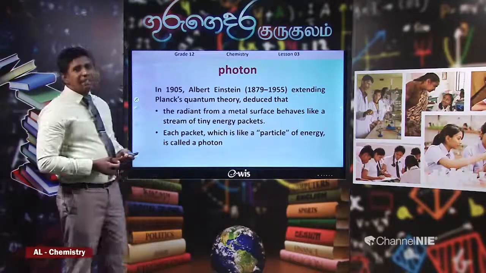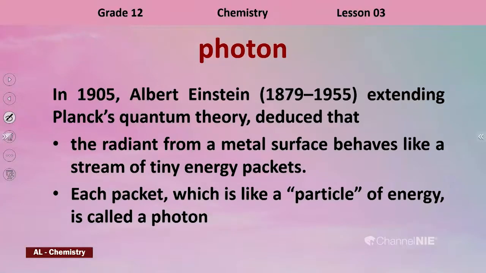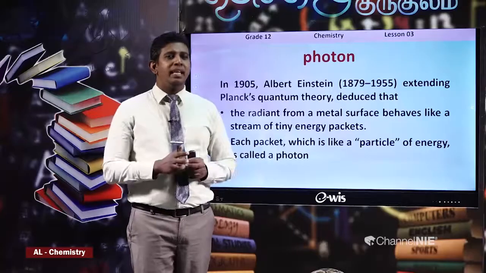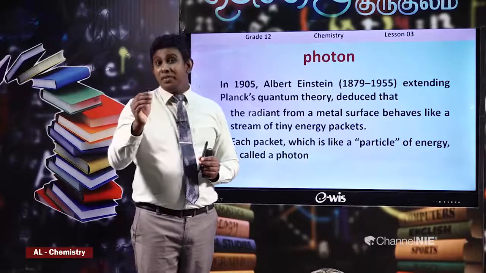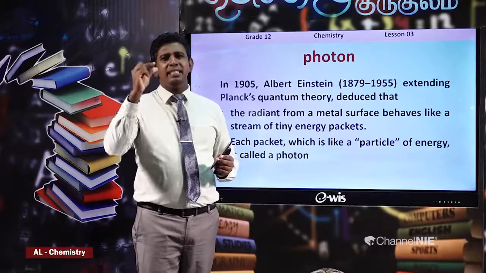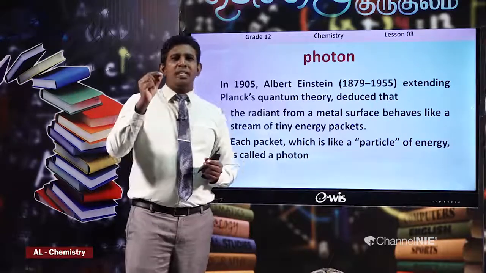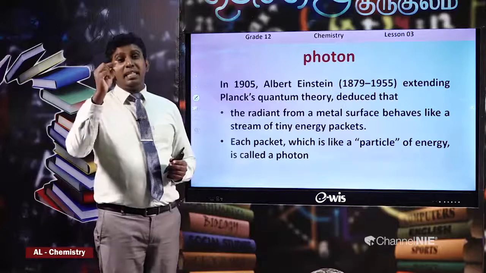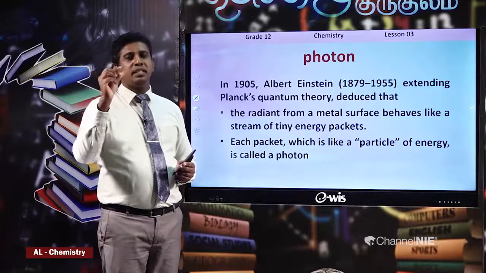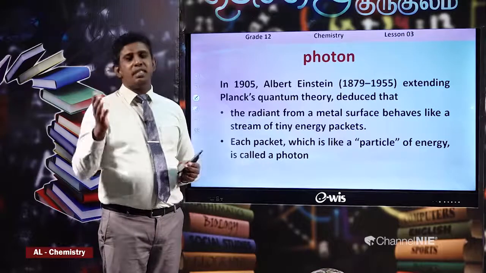Students, it happened in 1905. Albert Einstein, observing Max Planck's quantum theory that energy is either emitted or absorbed as discrete amounts, further said that energy has a smallest unit or smallest amount.